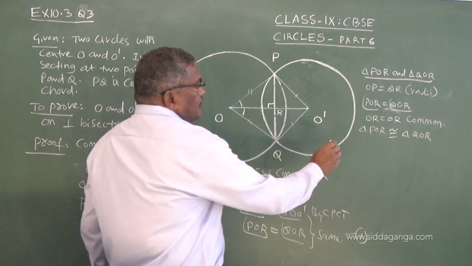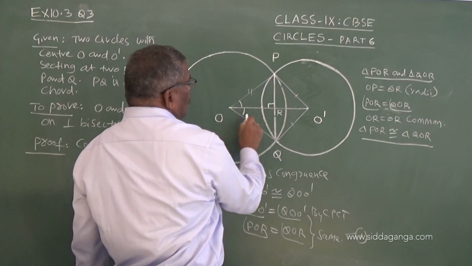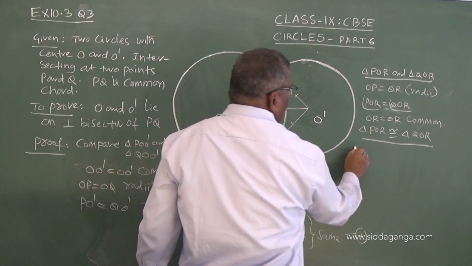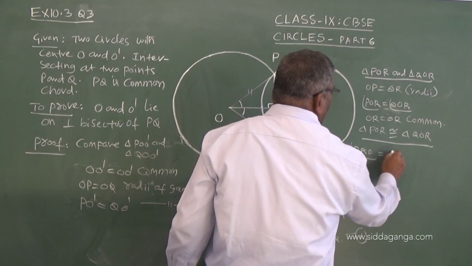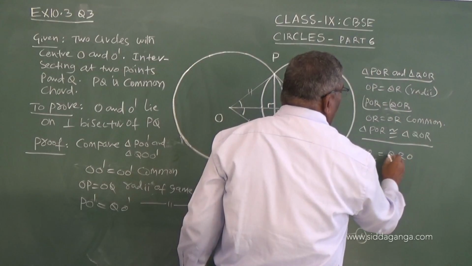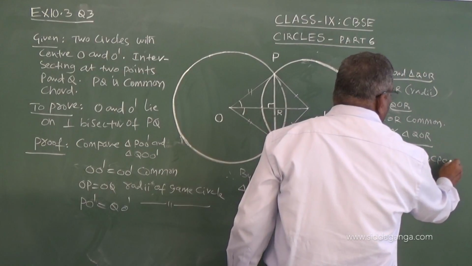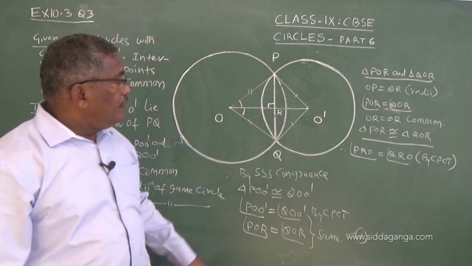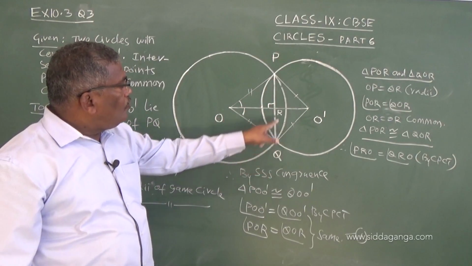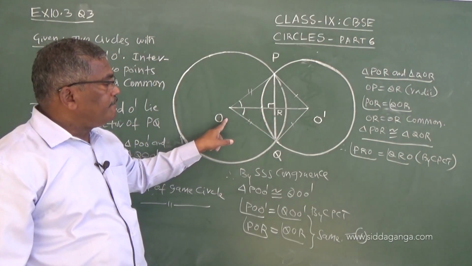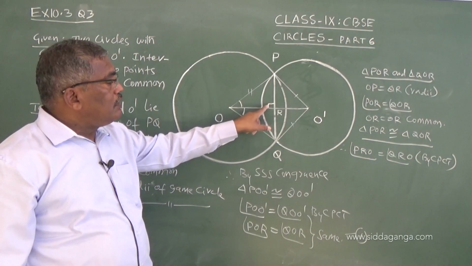Now with this conclusion we can say that the corresponding angles PRO and QRO are equal by CPCT. But the sum of these two is 180 degree because they are a linear pair.